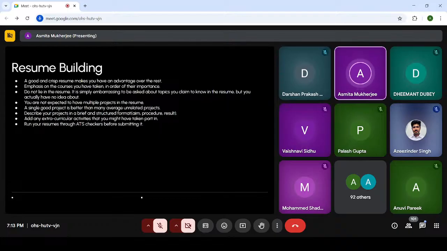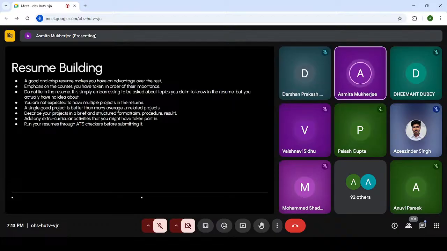Resume building is again another very important thing. One of the most important things about a resume is that you should not fake it. Many people think that they are falling behind because they have only one project or a very underwhelming resume, and they try to add unnecessary projects that they have no idea about.